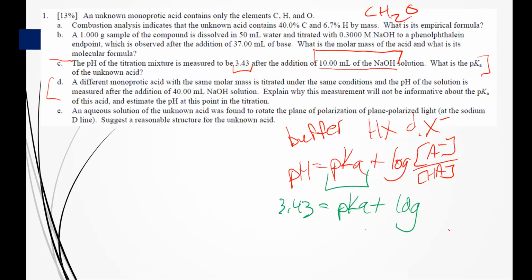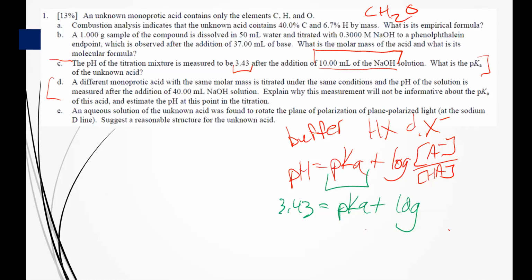Yes, from B. So we do know how much HA we might have started with. But what ratio, what value should I put in for my A minus and my HA? What do you guys think?